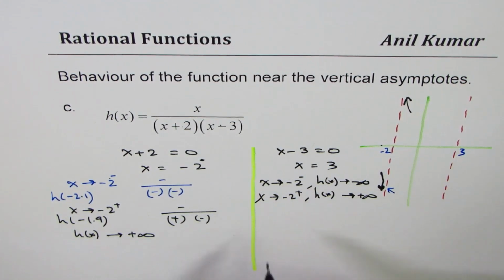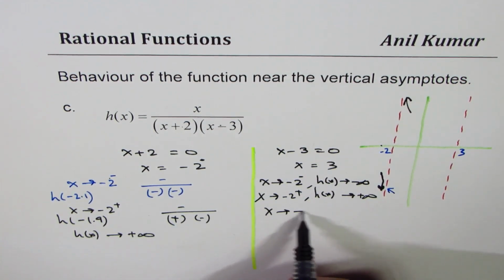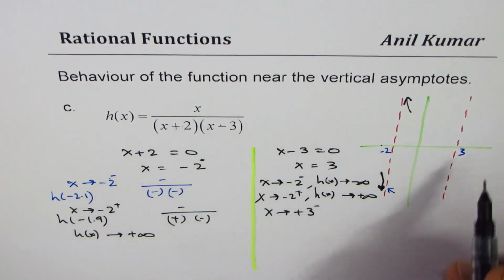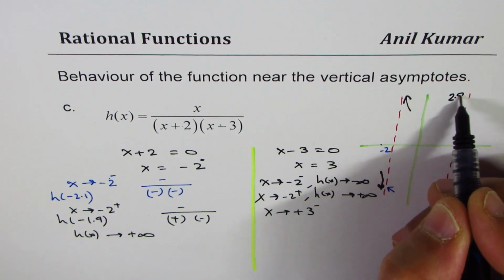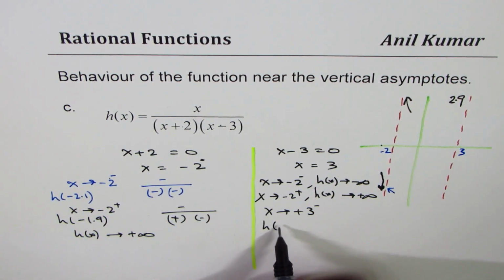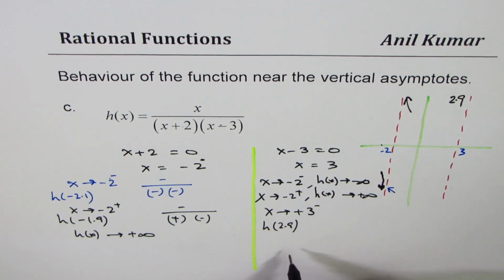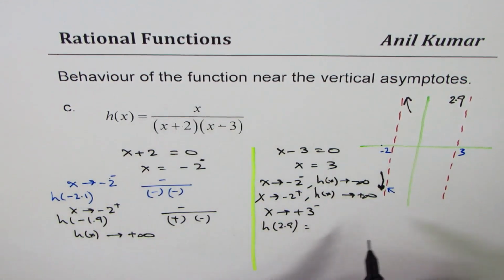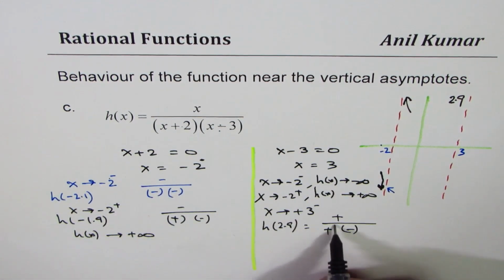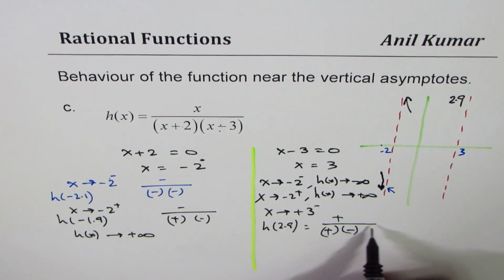Same approach. What happens when x approaches positive 3 from the left side? In that case, you can substitute a value, let's say 2.9. Numerator is positive. Analyze first, right? So h of 2.9, is it positive or negative? Numerator is positive. This one is also positive. However, that is negative, right? So we get a negative number here.